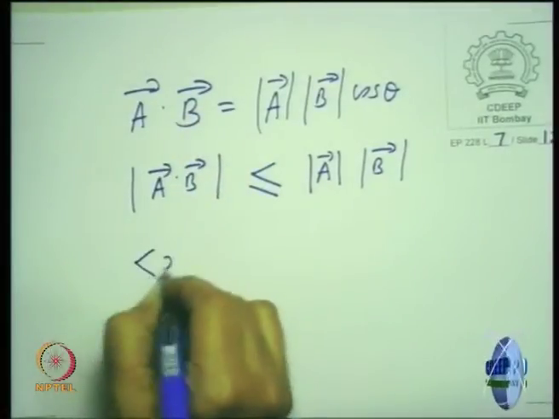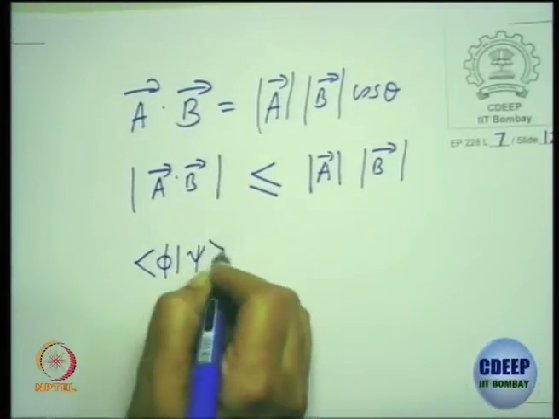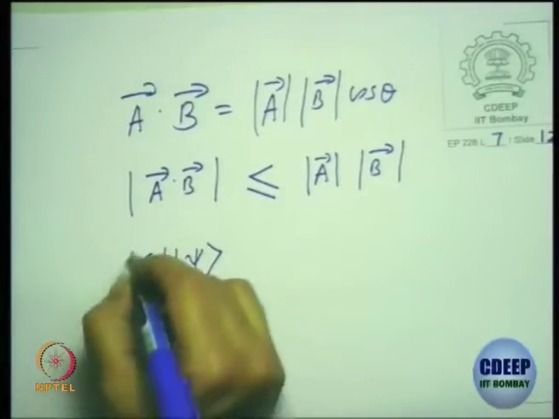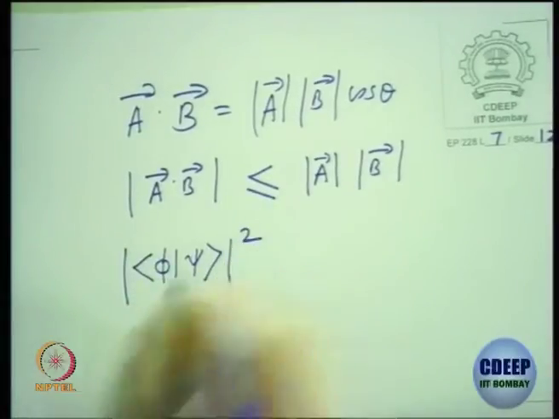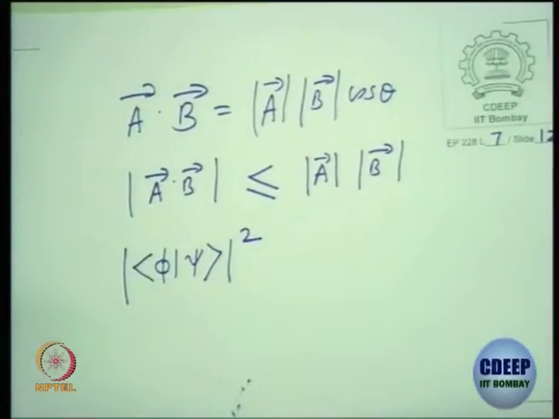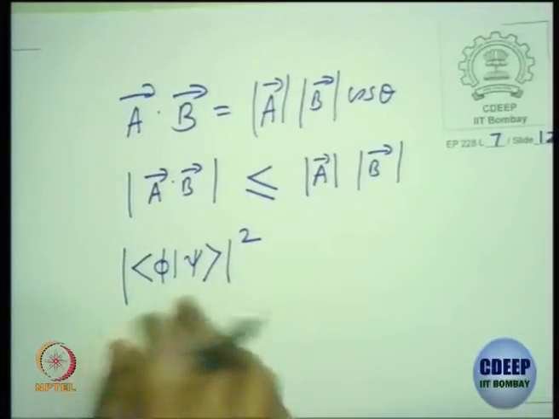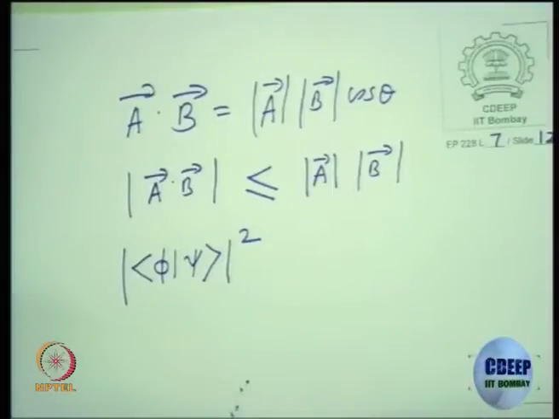Okay. How do I write this? I could write this A dot B, as I said, as the inner product of phi and psi, but then I will take mod squared, that is invariant under psi phi interchange, right.